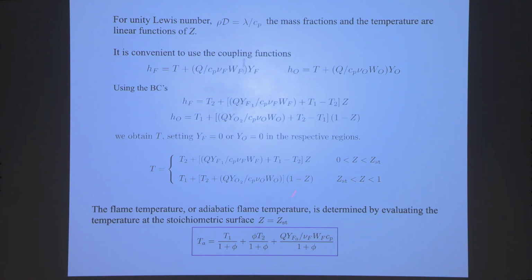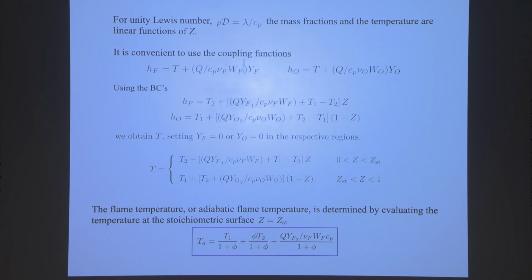But you can also evaluate the flame temperature by evaluating either the top line or the bottom line, which should be equal to the same quantity when Z is equal to Z stoichiometry, namely where the reaction sheet is. And this is the flame temperature, or the stoichiometric temperature. And it is, in fact, the adiabatic flame temperature in this case.